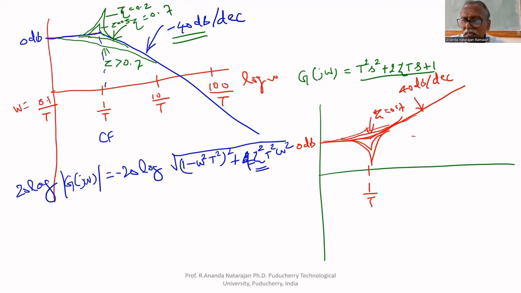So approximate plot is this: up to 1 by tau, 0. After that, it increases at the rate of 40 dB per decade. That's all. We have seen all factors. Hereafter, we can draw Bode plot for any function.